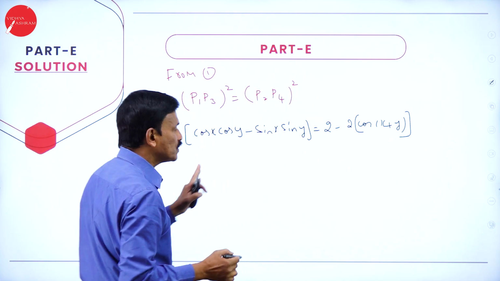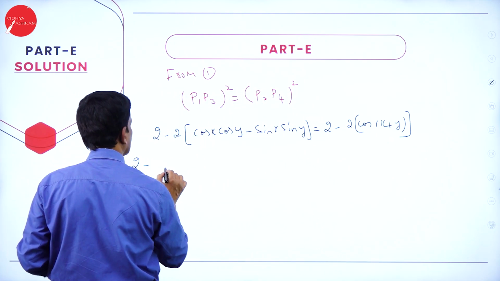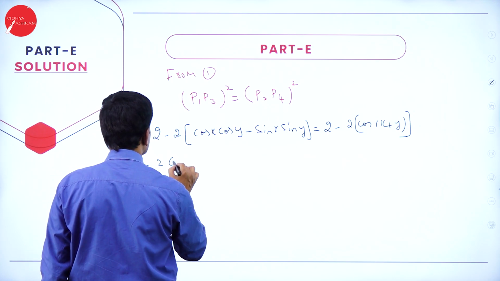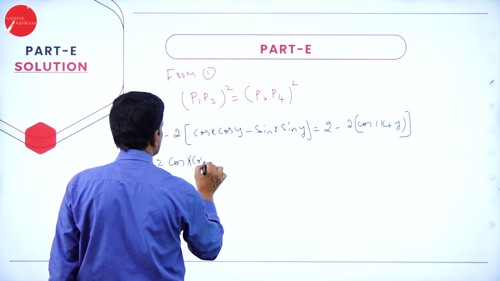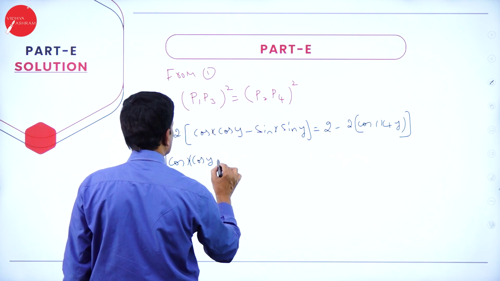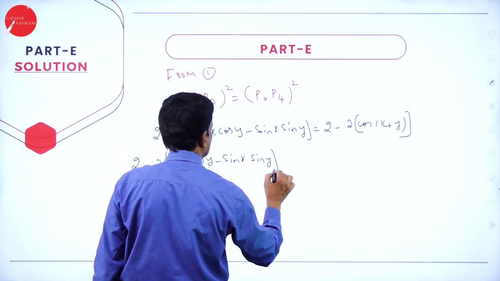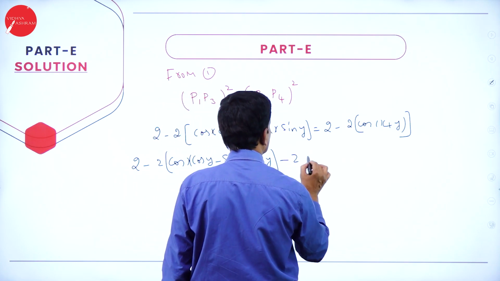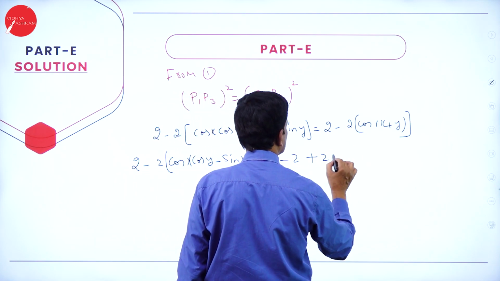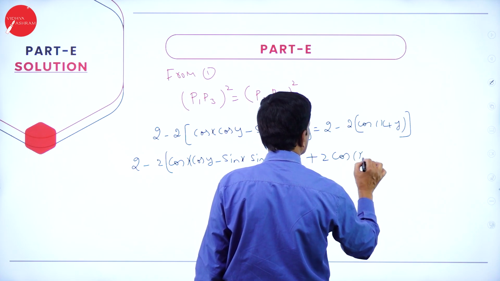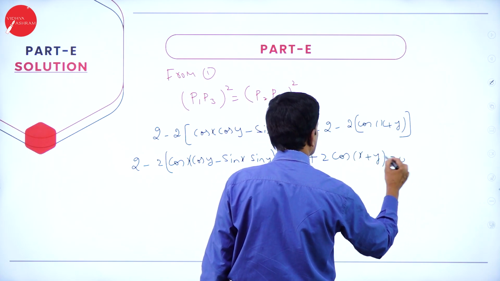Now just transfer everything to the left hand side. This becomes 2 minus 2 times (cos x cos y minus sin x sin y) minus 2, and minus becomes plus, 2 times cos of (x plus y) is equal to 0.